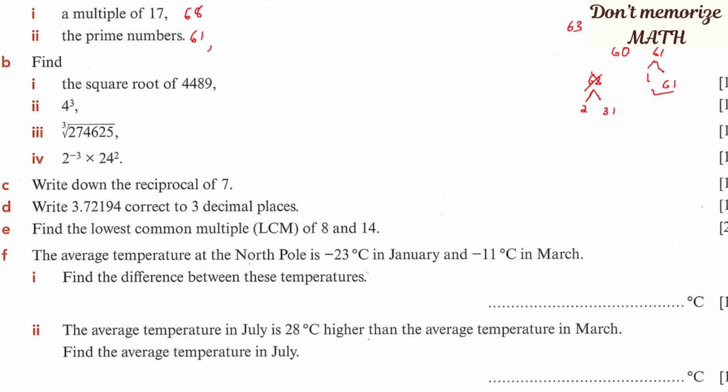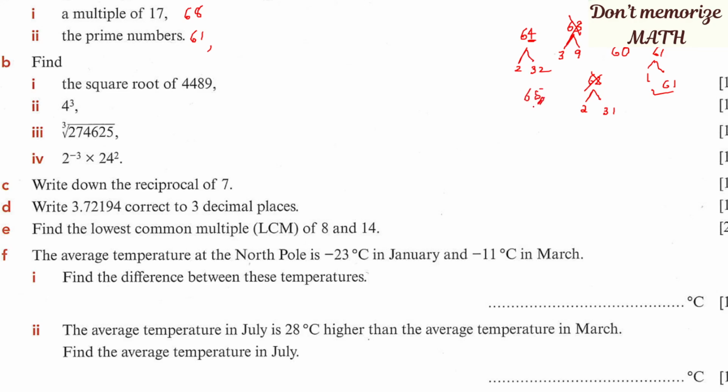What about 63? 63 also you can split. 6 plus 3 is 9, so it will be a multiple of 3. 3 times 21 is 63, so 63 is not a prime. What about 64? It is an even number, so you can split it like 2 times 32. Then what about 65?